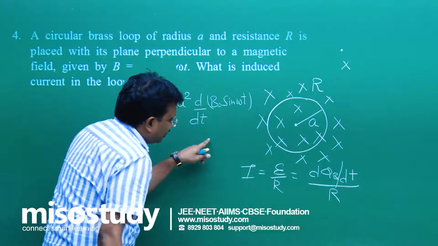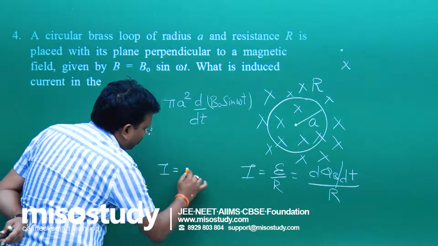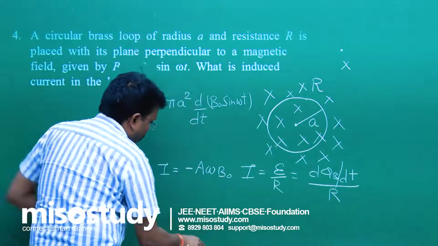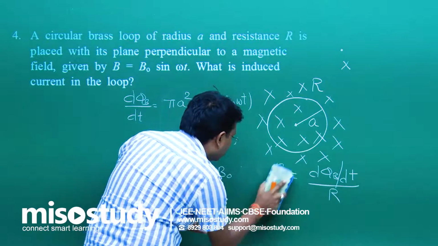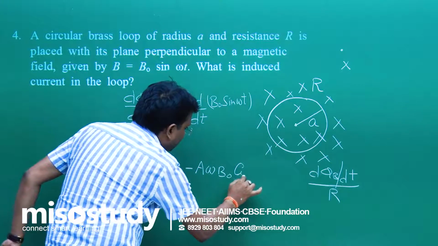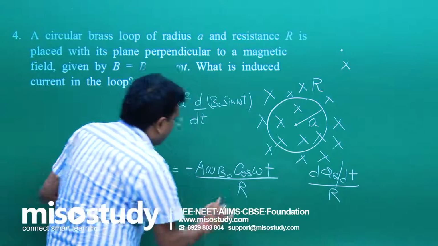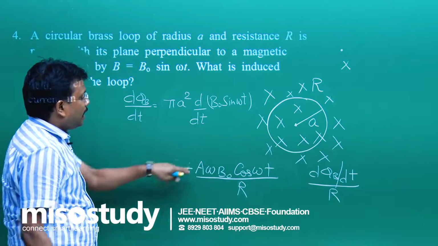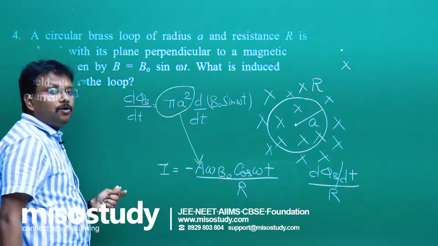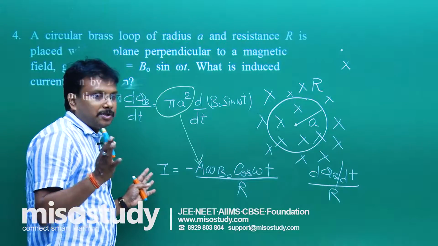Simply differentiate it, and you will get I finally equal to minus pi A square omega B naught cos omega t upon R. Fine, no problem. So for 2 marks this is a very simple question. Okay.